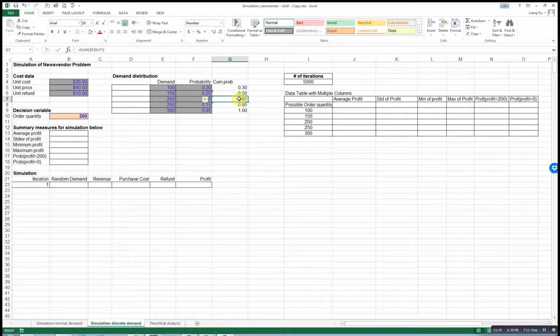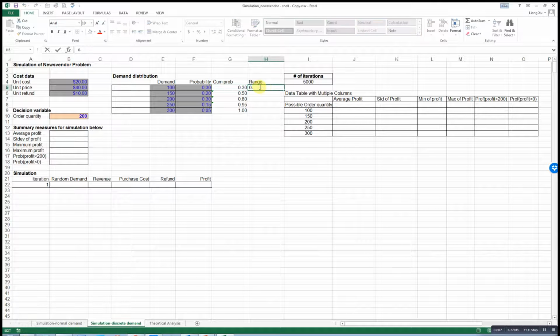Let's look at one more cell. The cumulative sum of the first three is like this. Then the range of the chance in this case is from 0 to 0.3.